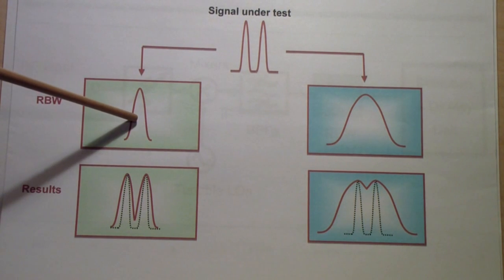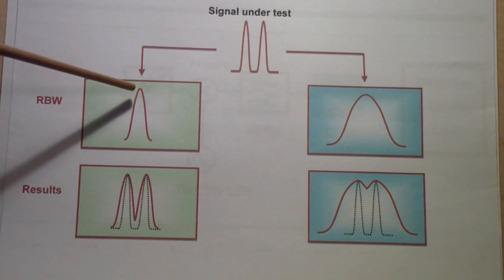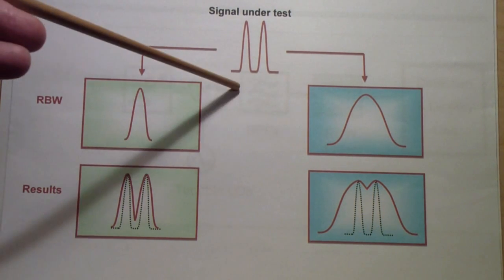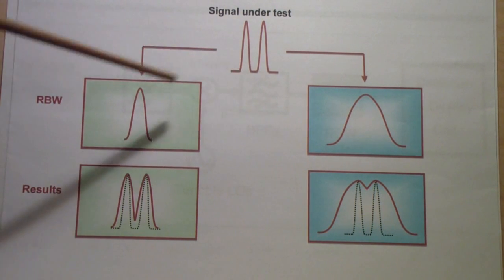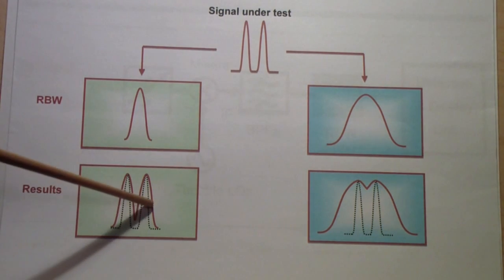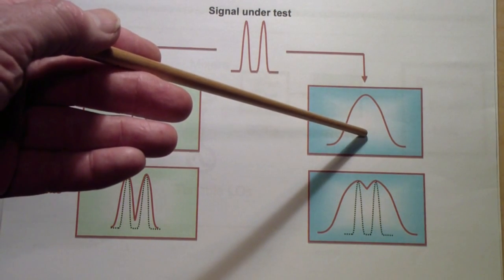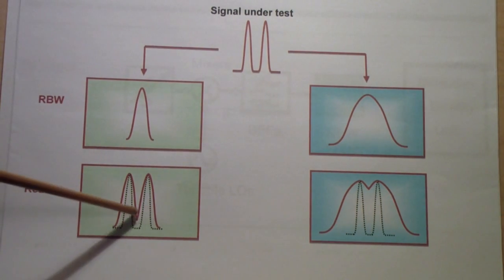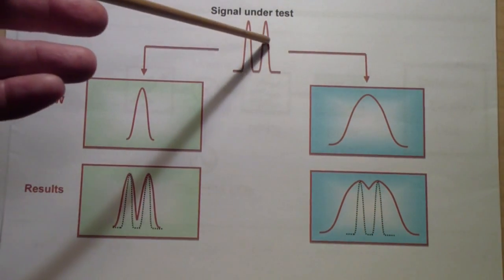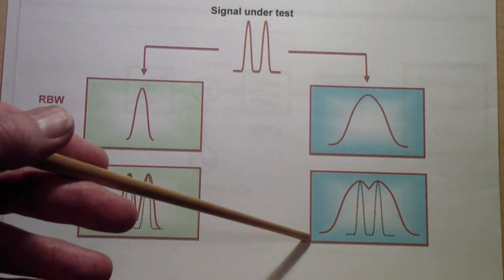With the narrow resolution bandwidth, you pick out the individual peaks, because this is basically sweeping across the signal under test. When it's centered over this one, you see this peak. When it's centered over that one, you see this peak. If the resolution bandwidth is pretty wide, you won't see individual peaks. Instead, the resolution bandwidth, when centered over these, will look like this, and you'll see what is shown in red here.